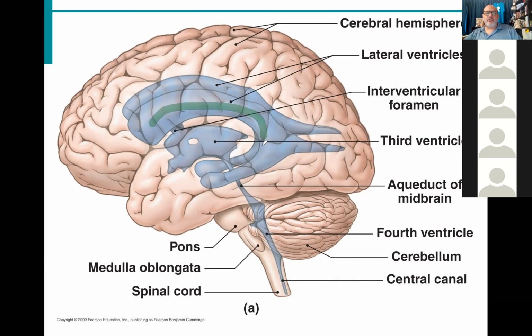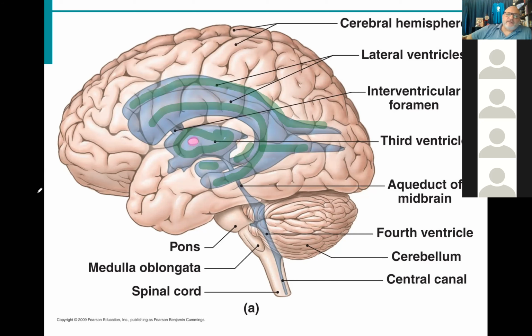Notice we have the 2 C-shaped side-by-side lateral ventricles on the 2 sides. Then right in the middle between the 2 thalami, we have our 3rd ventricle.